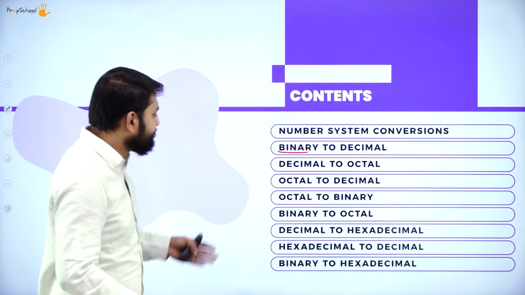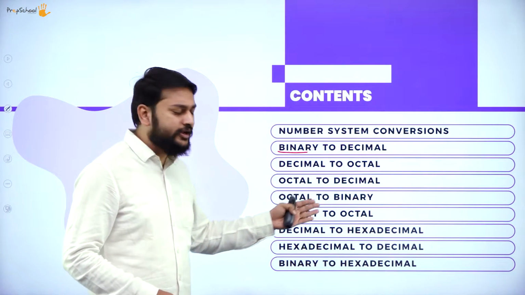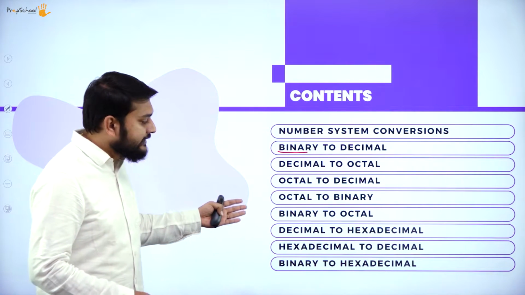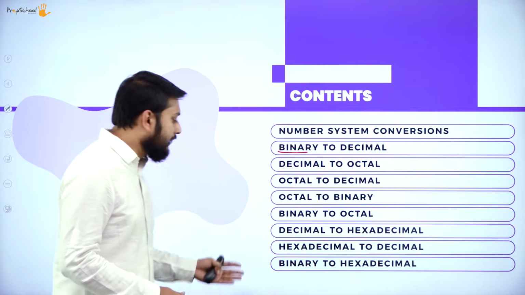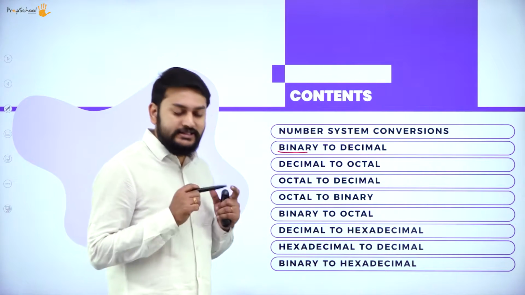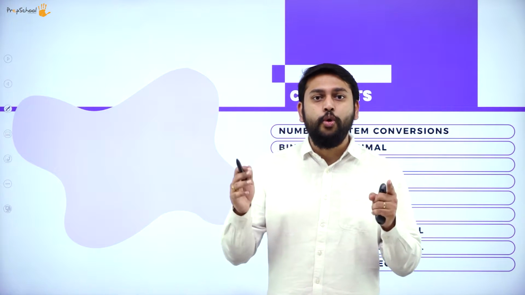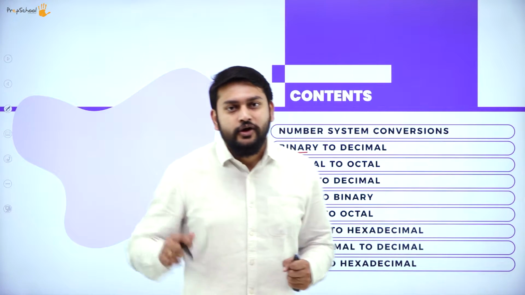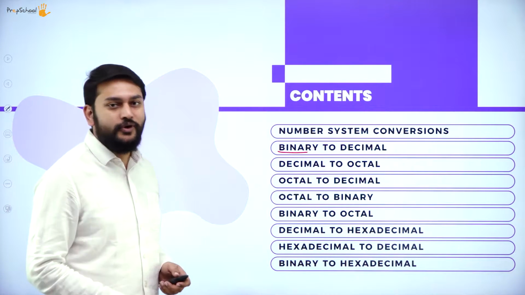The next ones are octal to decimal, octal to binary, binary to octal, decimal to hexadecimal, hexadecimal to decimal, and the last one is binary to hexadecimal. So I have these many conversions in today's session. I hope all of you have a lot of energy right now. So guys, let's start with the first conversion.